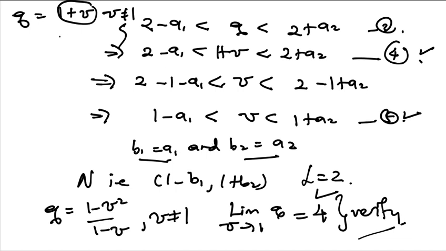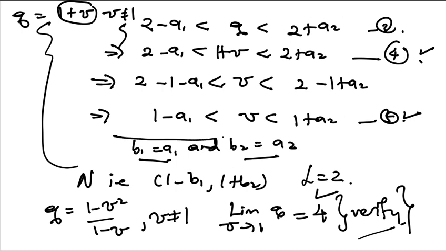But here, what you can see, I didn't write sentences. When I don't write sentences here, I explain it to you because this is a lecture. But when you do an exercise like this, you have to verify whether the limit of q equals 4 when v approaches 1 really exists or not. When you verify using all of this explanation that I mentioned to you, you have to write some sentences, because otherwise, how can you see that b1 equals a1 and b2 equals a2?